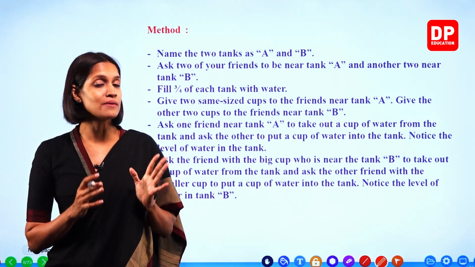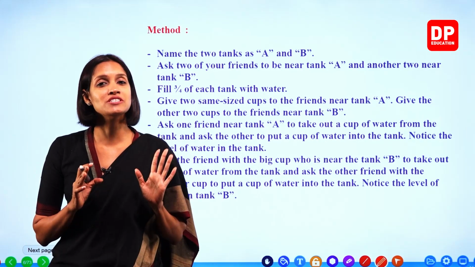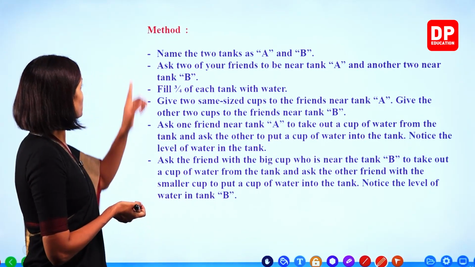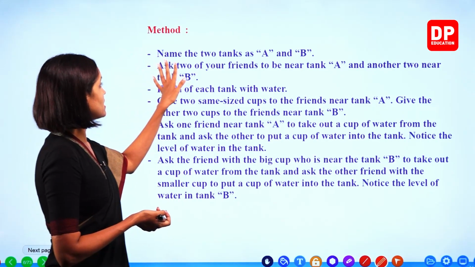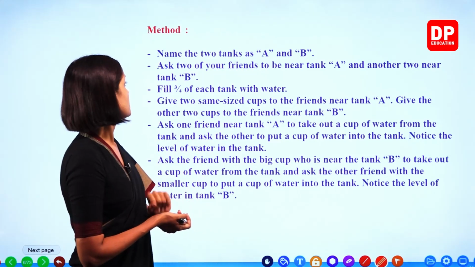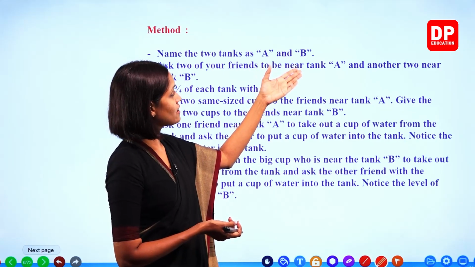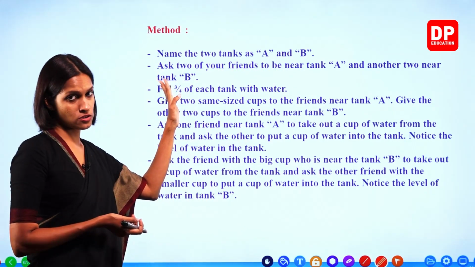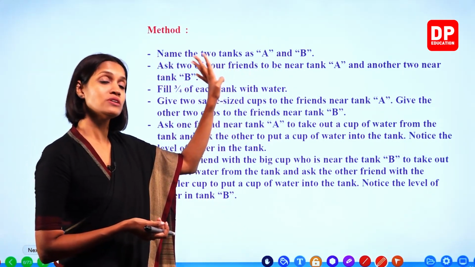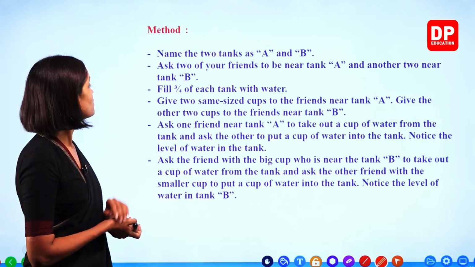But remember, in the lab, I'm going to show you how to do it alone. The method: name the two tanks as A and B. Ask two of your friends to be near tank A and another two near tank B. Which means you need 4 children to do this activity.